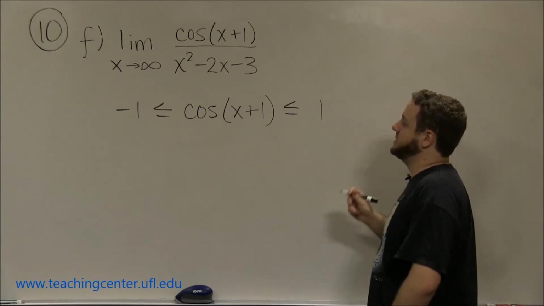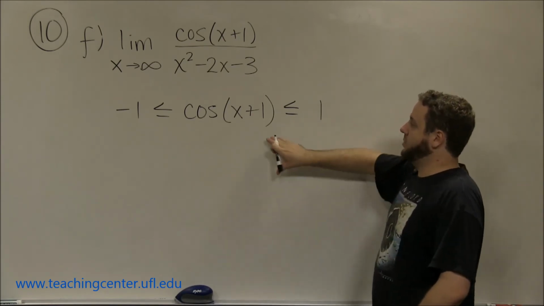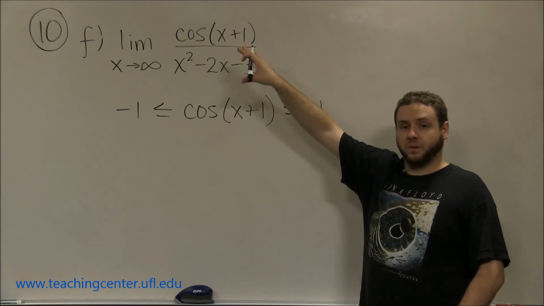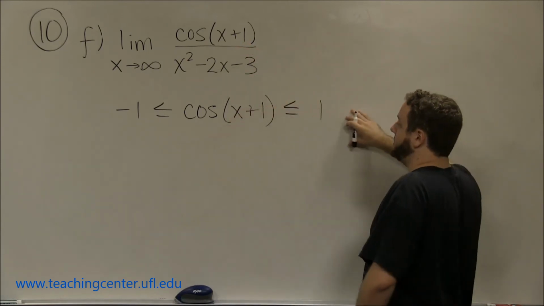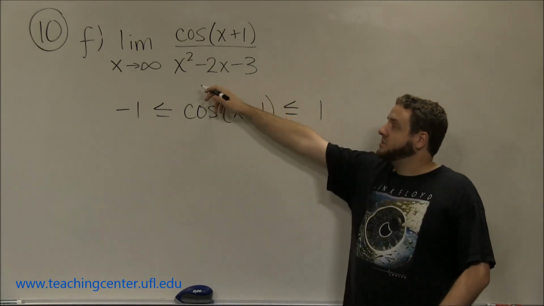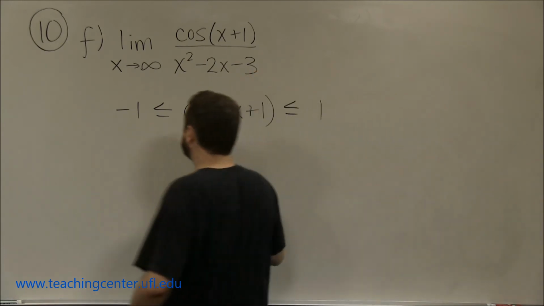And what we can do now is make the middle part look like our actual function here. We just need to divide all these terms by x squared minus 2x minus 3.